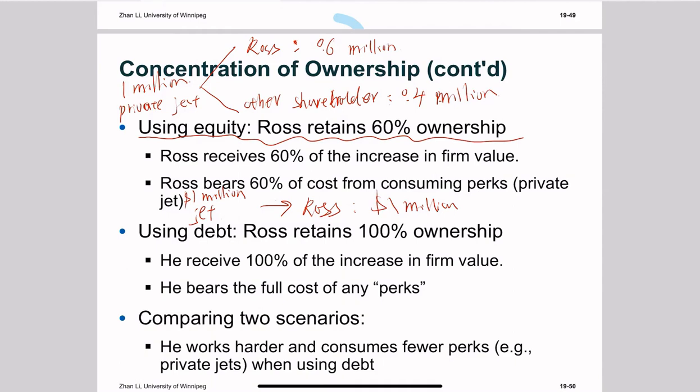So this basically means Ross will use fewer perks, and Ross will engage in less wasteful behavior if the firm is using debt, right? So this is really simple math.